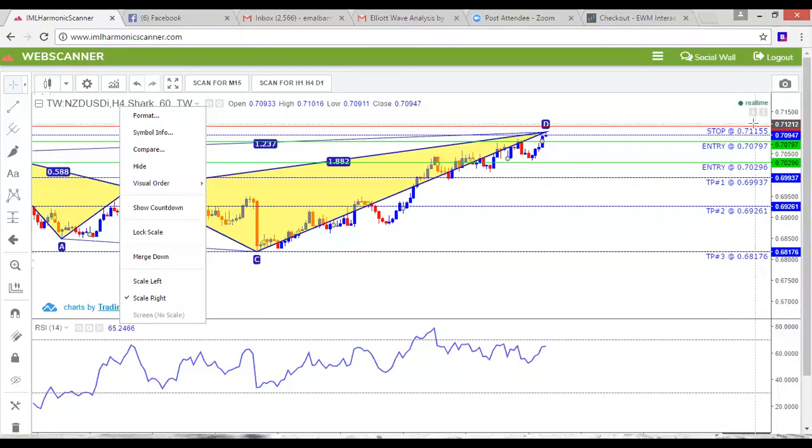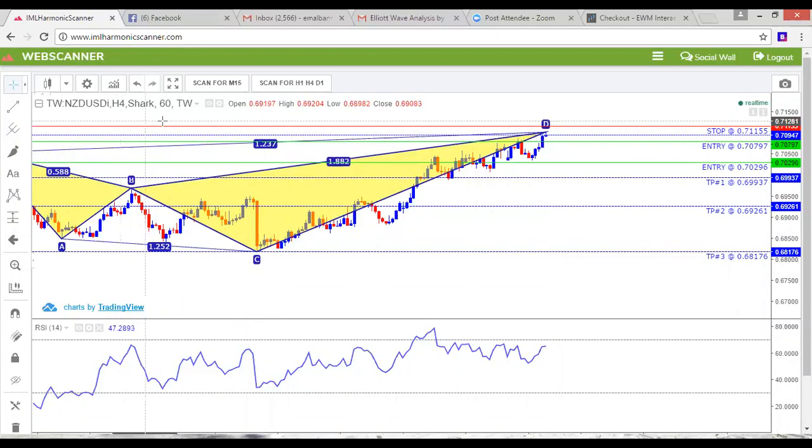What the app gave us on phone, for you that was on the road with your phone, the alert you had on your phone is the same thing here on the scanner. On the 4 hours chart on the harmonic pattern, we have a bat pattern formed.